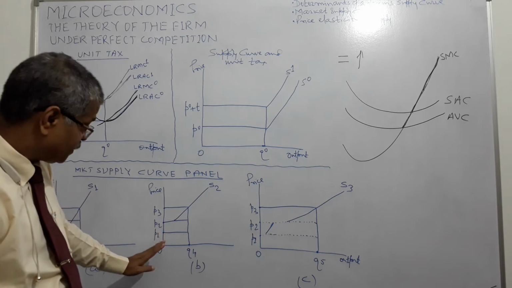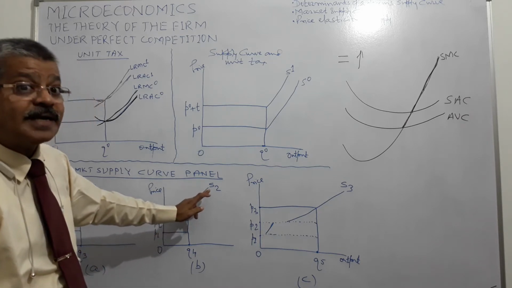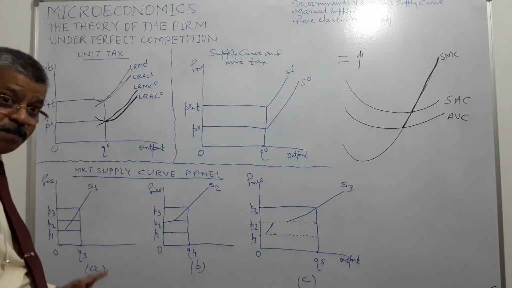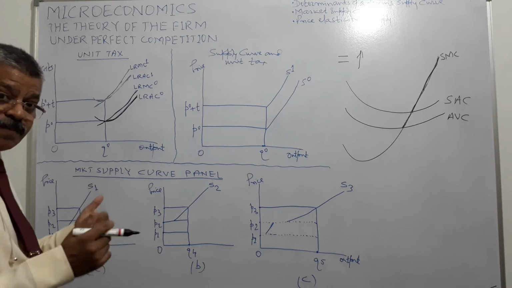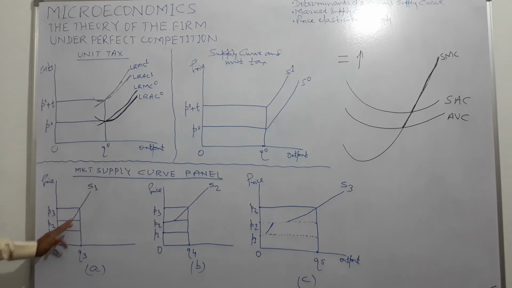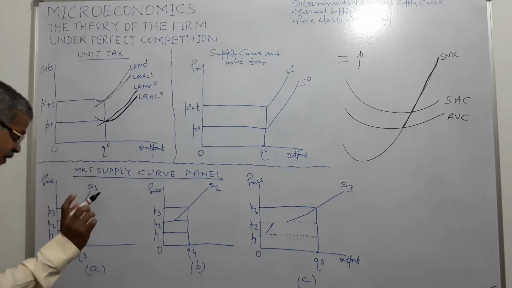It supplies only when the price becomes P2 or greater. Unit 1 says, I will not supply if the price is below P1. I will supply only when the price is equal to P1 or greater. So it supplies here, and here it doesn't supply, right?